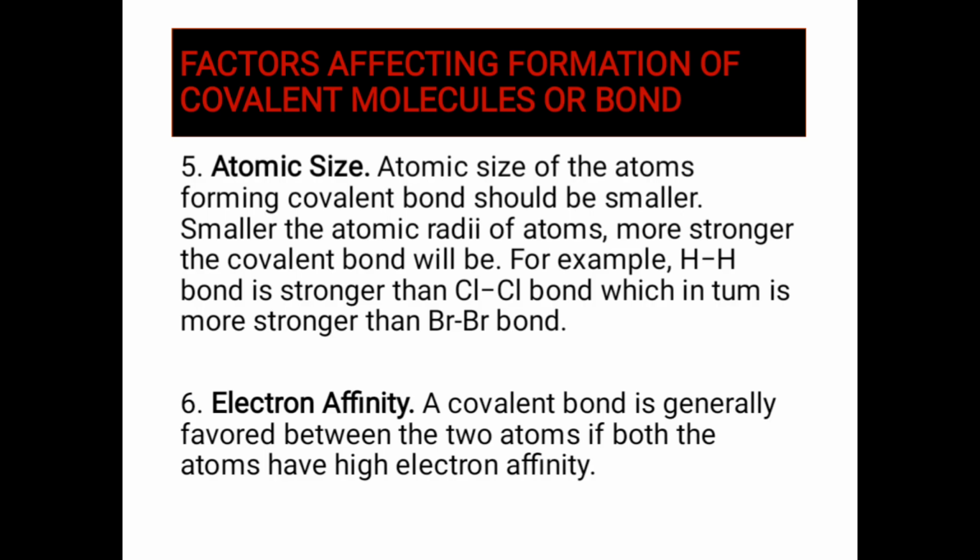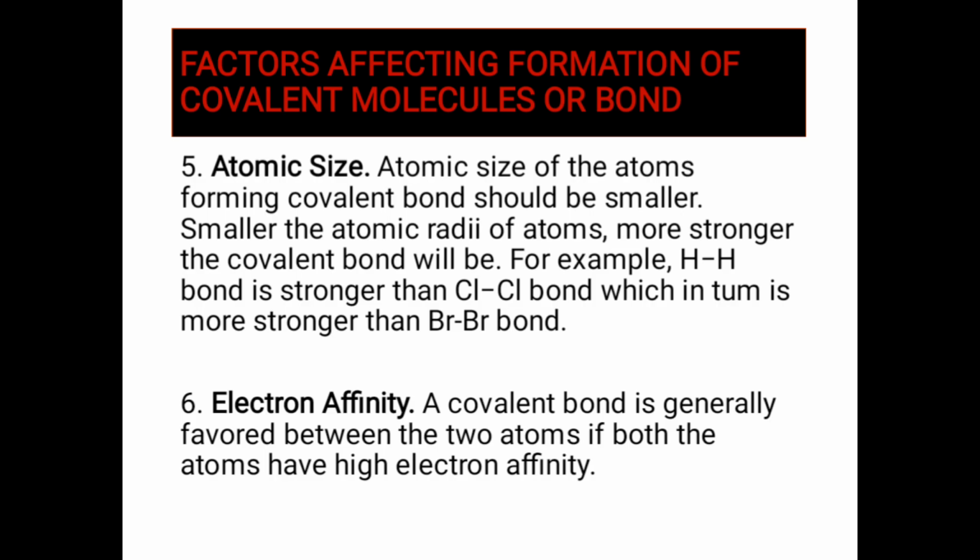Okay, so let's look at some other factors that affect formation of covalent compound. Another one is atomic size. The atomic size forming covalent bond should be smaller. And then the electron affinity between these two atoms must be high.